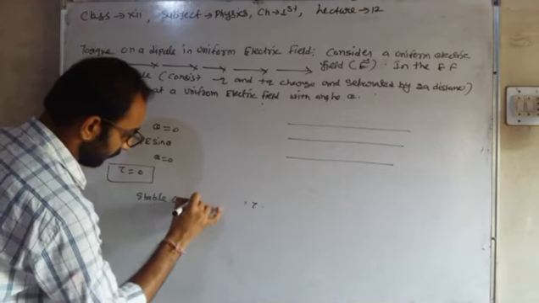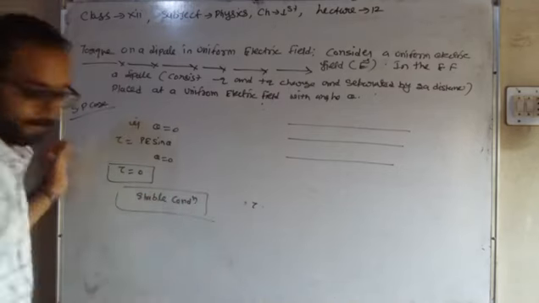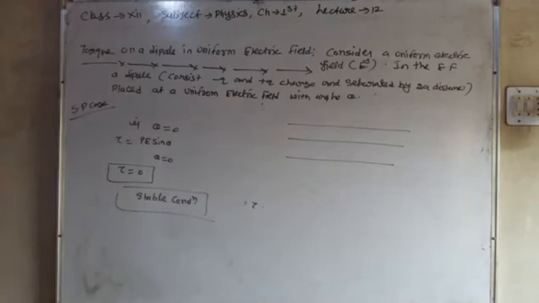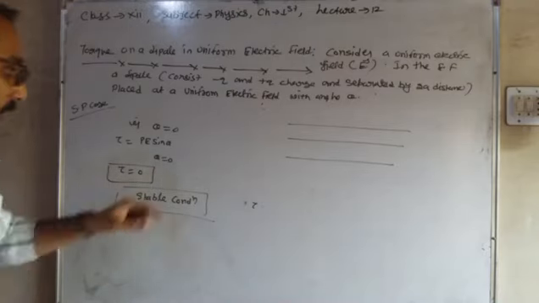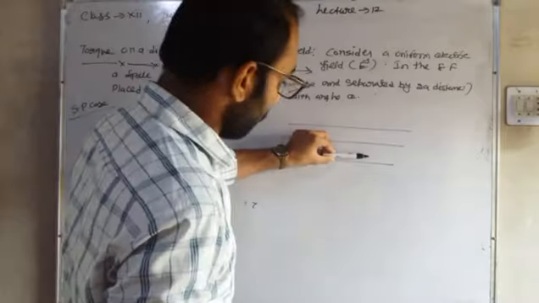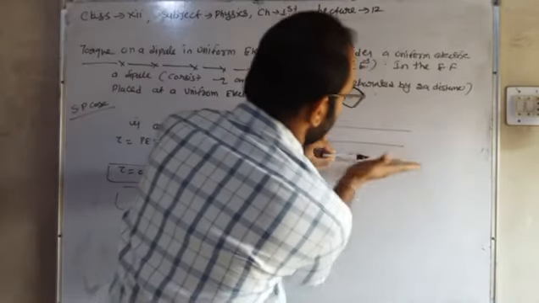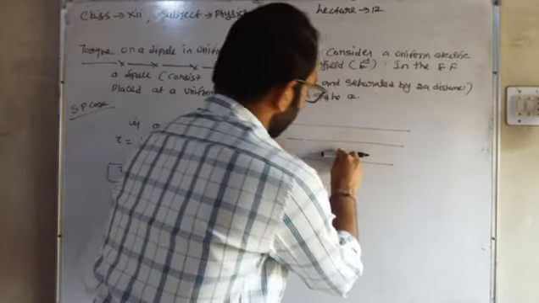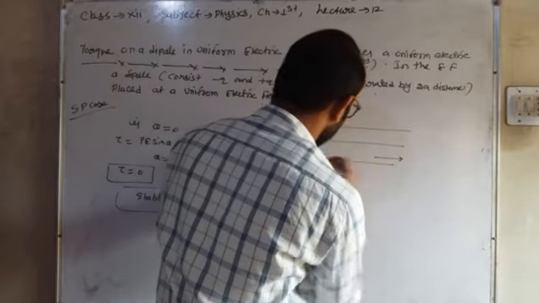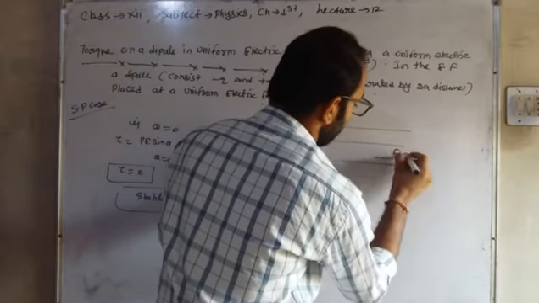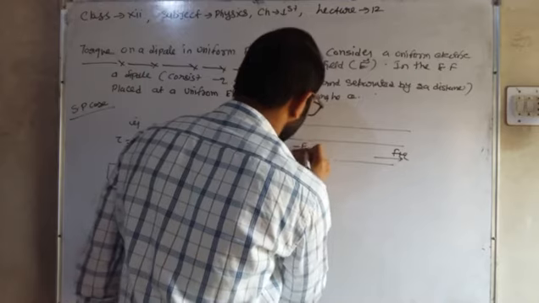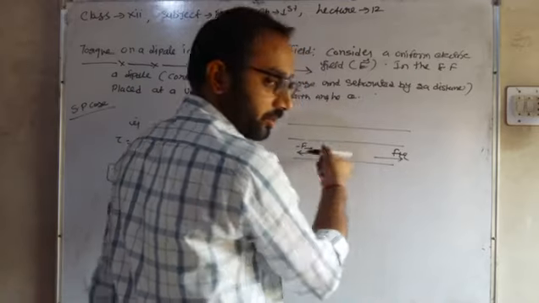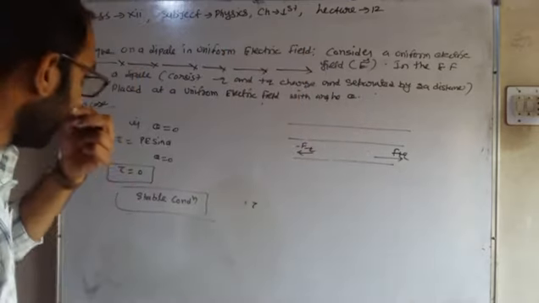In the stable condition, the force on the plus q charge is in one direction and the force on the minus q charge is in the other, so it is a balanced or stable condition.